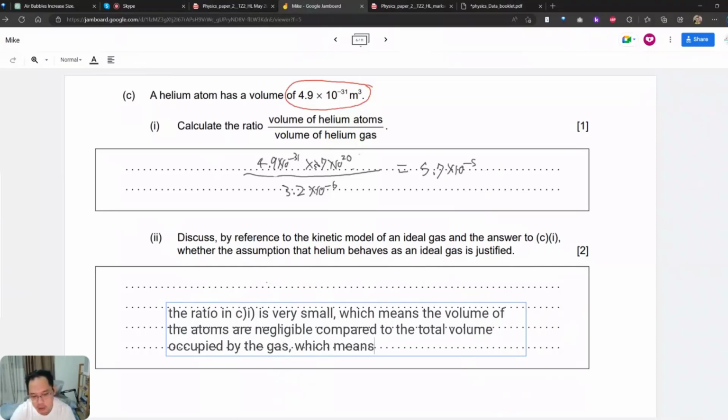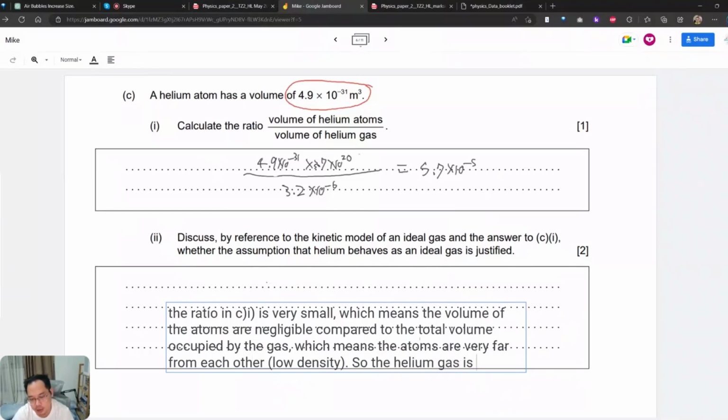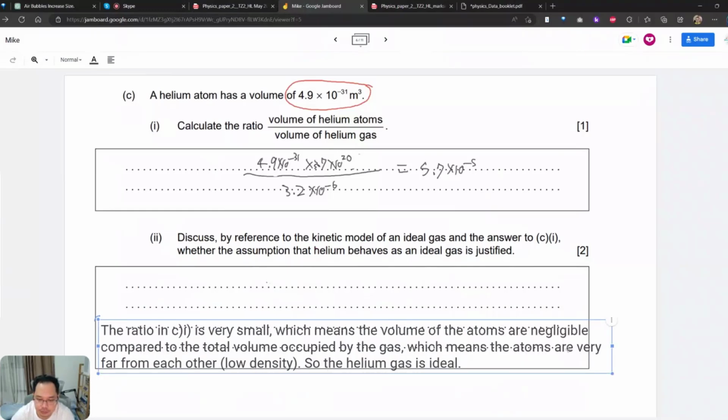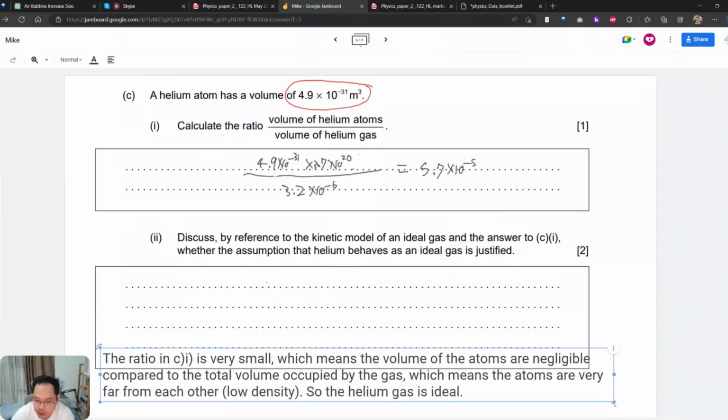This means the atoms live very far from each other, so low density. Okay, so the helium gas is ideal. Yeah, summarize that, make it shorter.